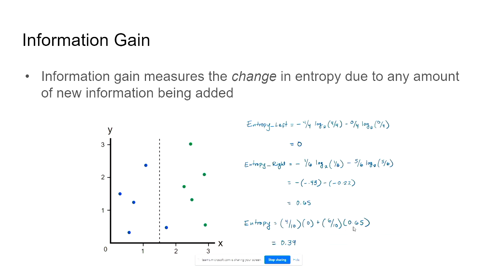So the information gain is actually 1 minus the entropy. Okay? So whenever the entropy is reduced the most, the information gain is going to be the highest. So they're kind of opposite in that way.